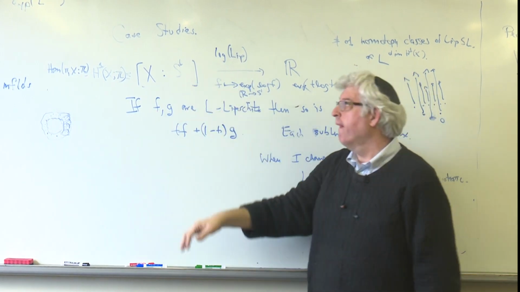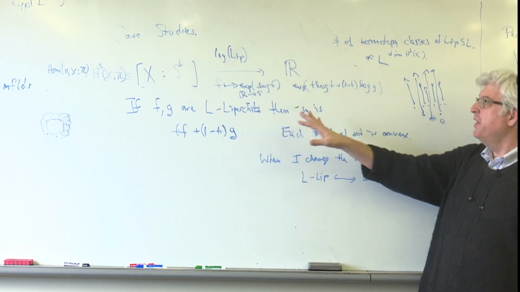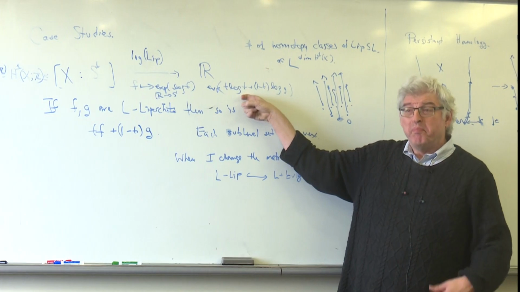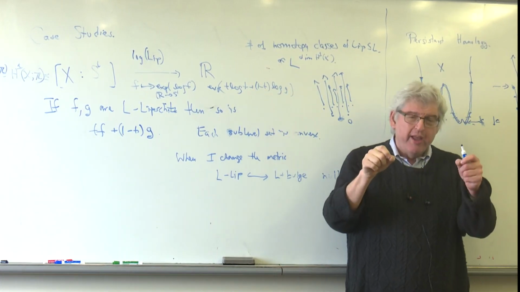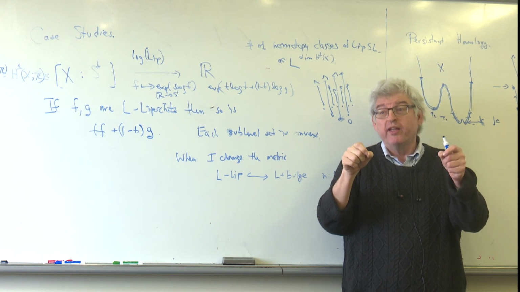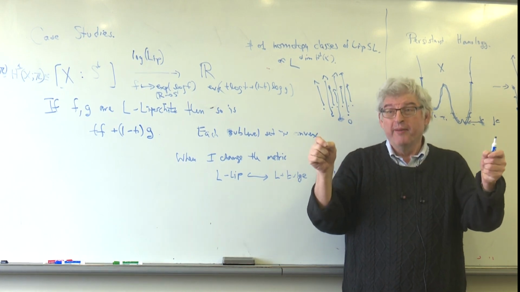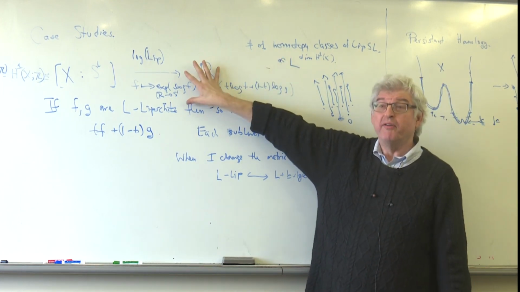Okay? And it's by some version of this argument. Okay? What you translate this to is you pass to some cover, and then you just think of it as being the unique geodesic in that cover that connects one lift to the other lift. Okay, so this kind of convexity is non-positive curvature.